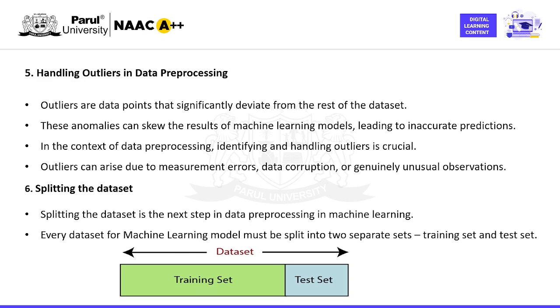We can say we conduct a test on the trained model, and for the testing we use a separate data set that is known as the test dataset. So we need to split the whole dataset into two parts. One is the training dataset. In general, the training dataset size is large as compared to the test dataset.